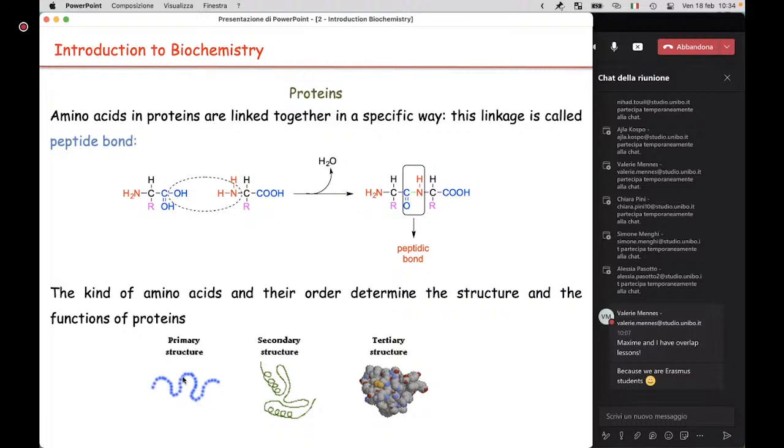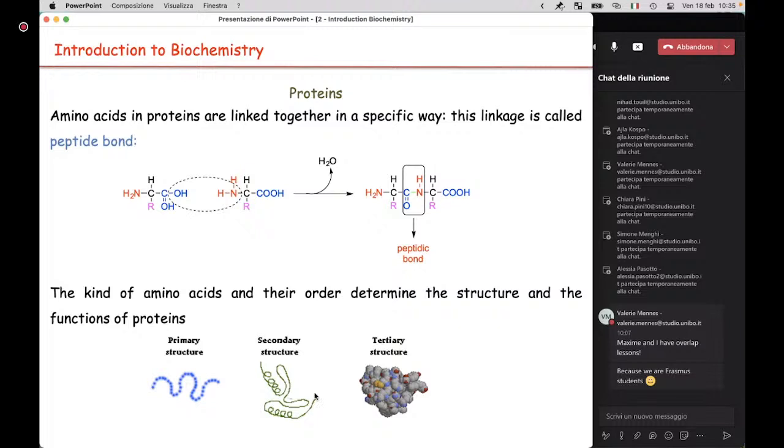Specific sequences of amino acids within the primary structure will form secondary structures. Here you can see that there are two main kinds of secondary structures, which are an helix here and here, and a sheet. It means a linear part of the molecule, which is folded in two to form a linear, more or less linear sheet.